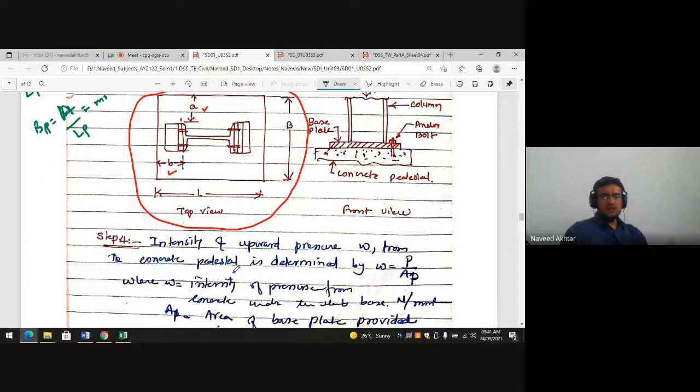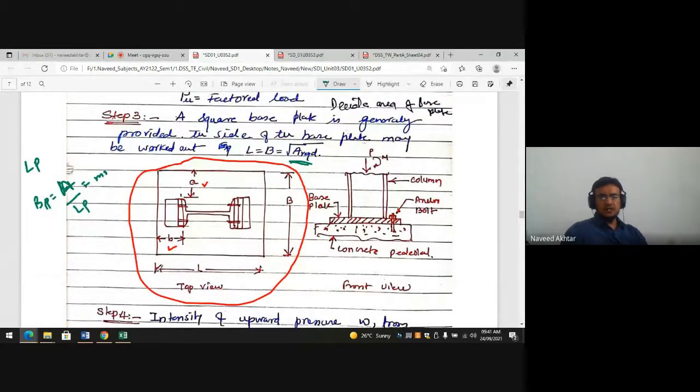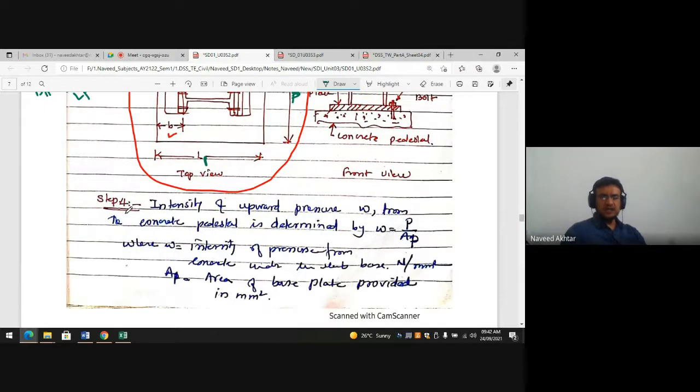Then length provided and breadth provided, that is LP and BP. Then you can find out the area provided. AP is equal to length of plate into breadth of plate. You get the area in mm square.